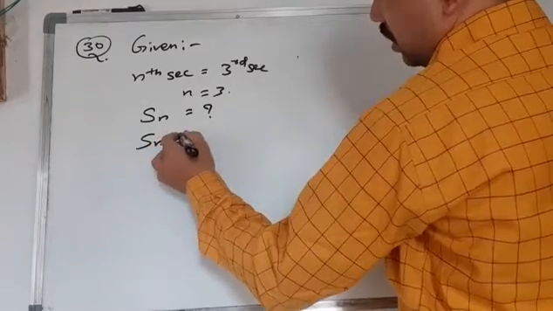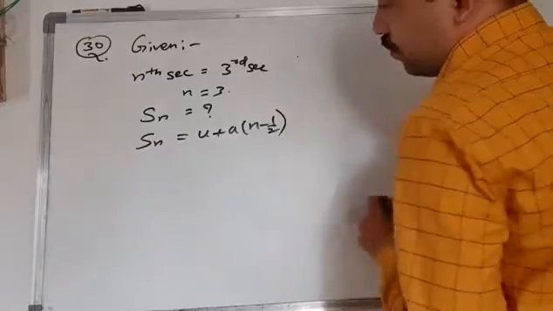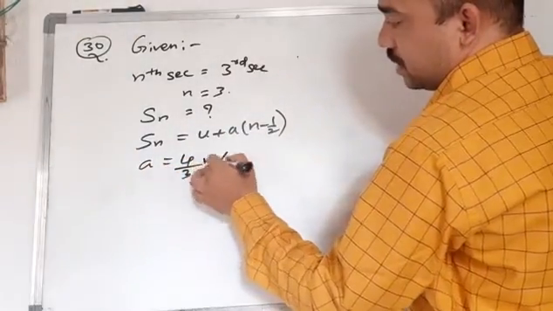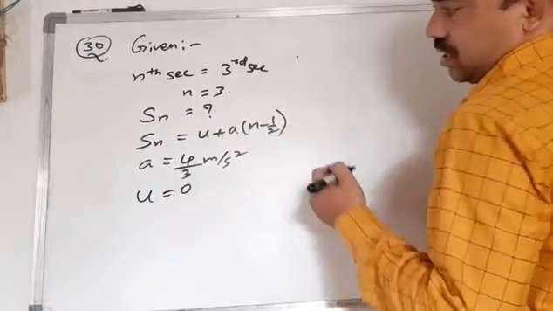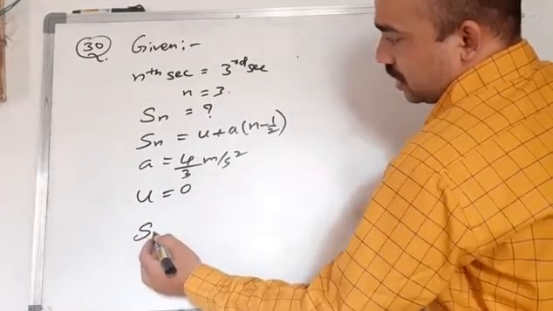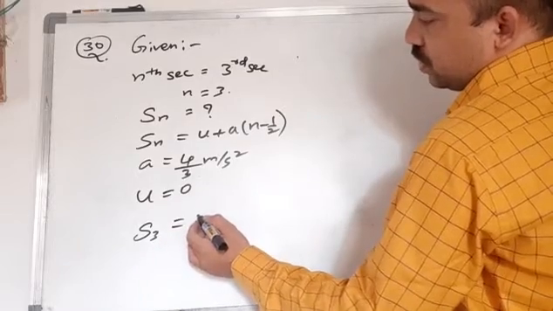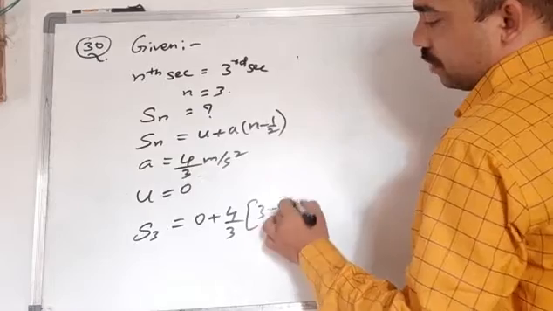So Sn is equal to u plus a into (n minus 1 by 2) is the formula. Moreover, a is given as 4 by 3 meter per second square, and he is saying that it starts from rest, so u is also 0. So Sn, that means S third, the distance travelled in the third second, is equal to 0 plus 4 by 3 into (3 minus 1 by 2).